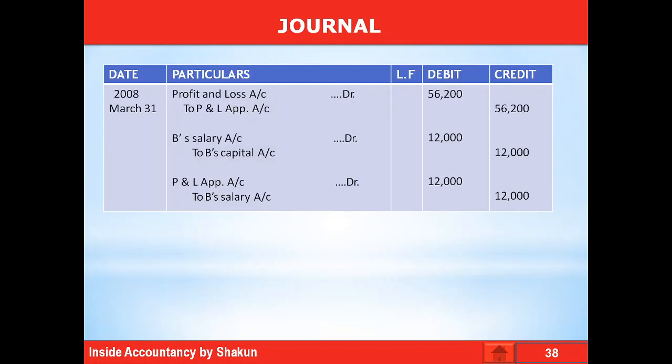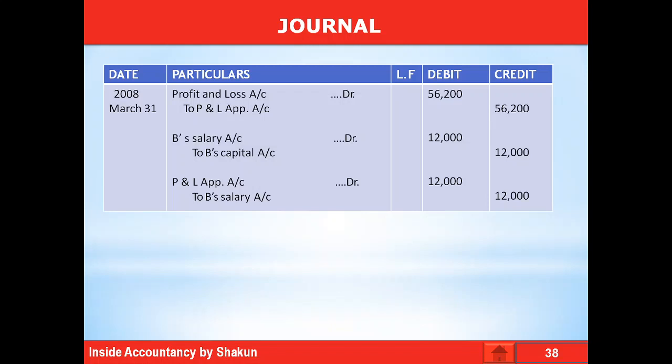I have passed the first three entries relating to two parameters. The first entry is for the transfer of profit from profit and loss account to profit and loss appropriation account. As I've already taught you in the previous video, the profit is always shown as a balancing figure on the debit side. Therefore, profit and loss account is debited and it is transferred on the credit side of P&L appropriation account.